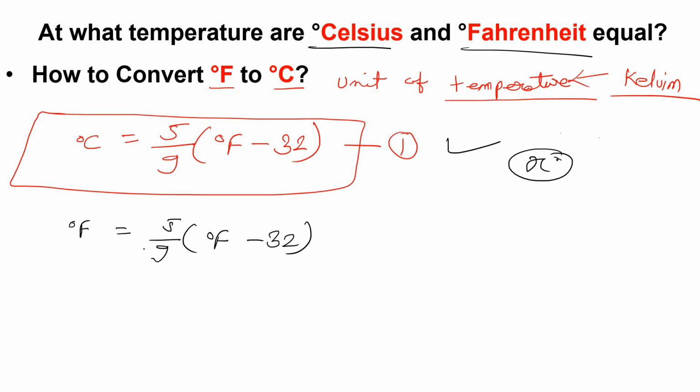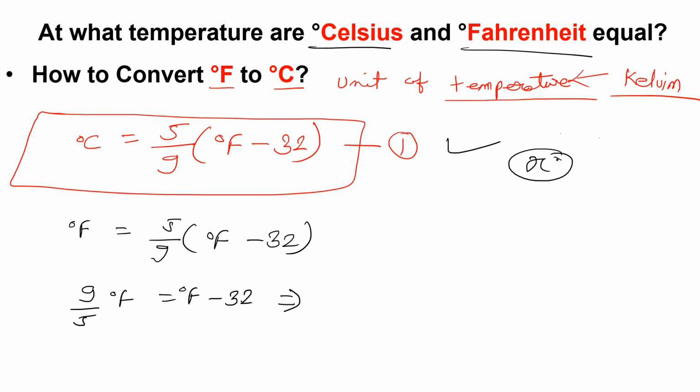Now just cross multiply, and you will find 9/5 F is equal to F minus 32.